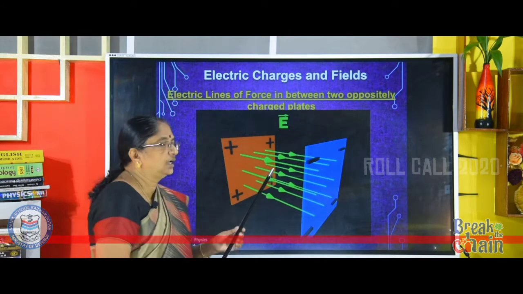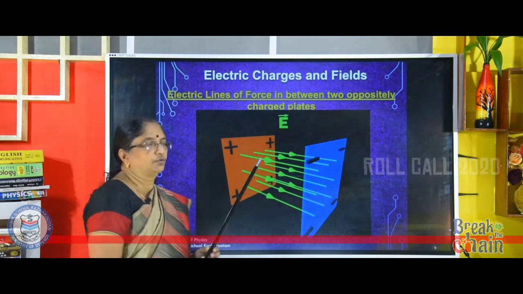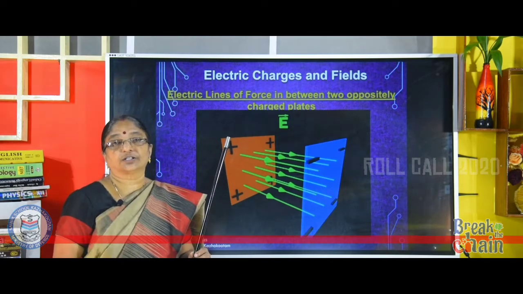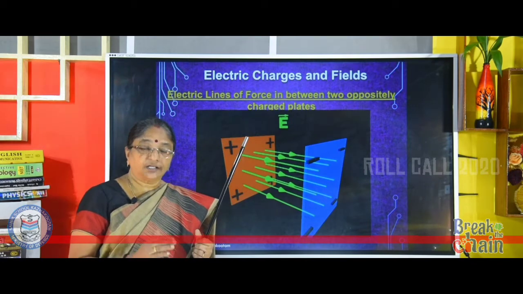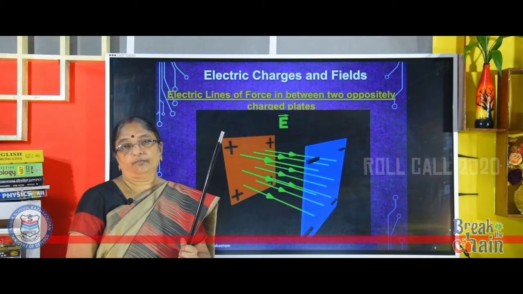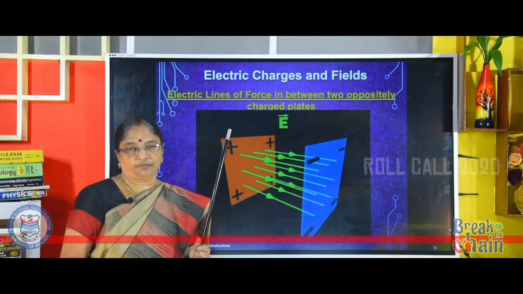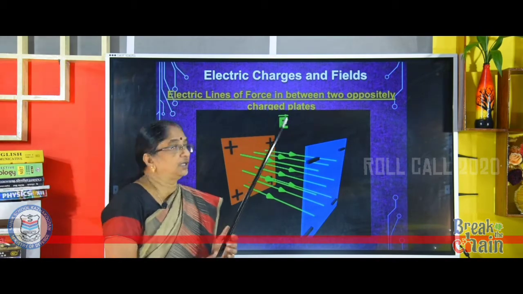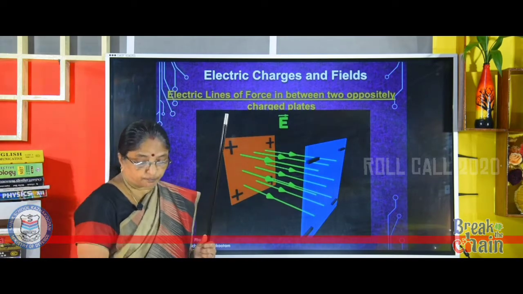The green arrows represent electric lines of force originating from the positive charge and reaching the negative charge. And one more thing you can see, we will study it later in detail: the field is uniform, represented by equidistant and parallel lines, from a positively charged plate to a negatively charged plate, that is, between two oppositely charged plates.